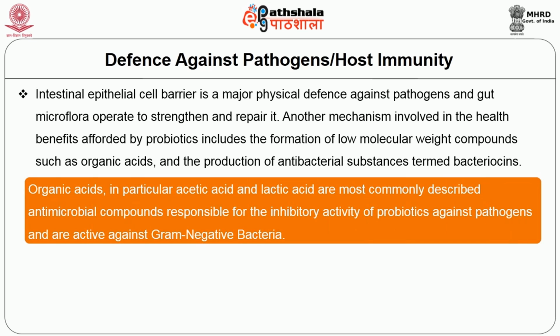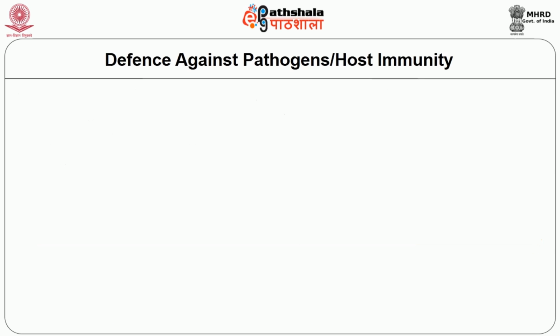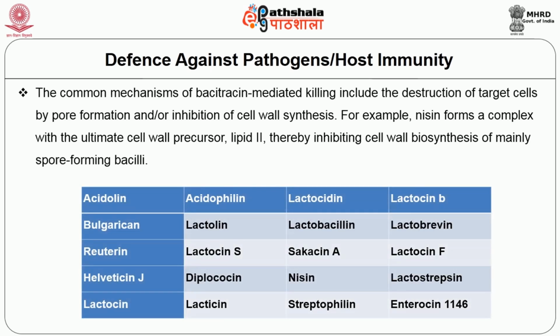Organic acids, in particular acetic acid and lactic acid, are the most commonly described antimicrobial compounds responsible for the inhibitory activity of probiotics against pathogens, and are active against gram-negative bacteria. Bacteriocins are produced by gram-positive bacteria. The common mechanisms of bacteriocin-mediated killing include the destruction of target cells by pore formation and/or inhibition of cell wall synthesis.